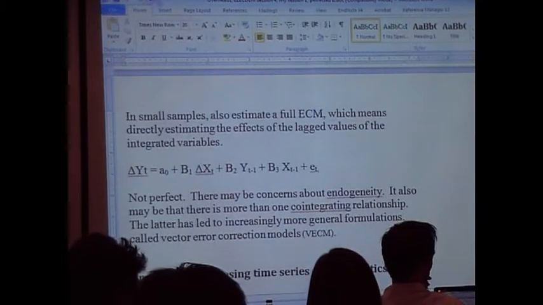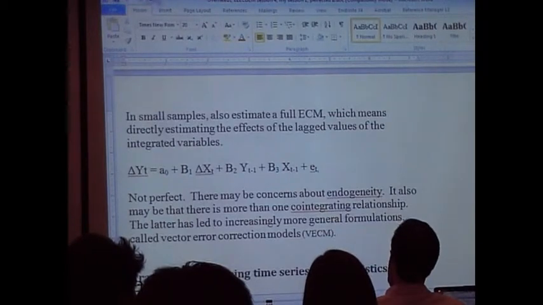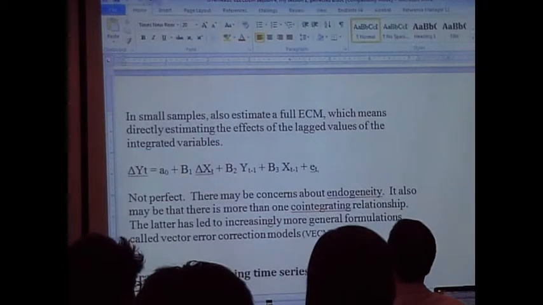Is there a nonlinearity between x t minus 1 and delta x? Can there be? I think there can, but I don't know. What if x t minus 1 is integrated? Or x is integrated? It's a good question.